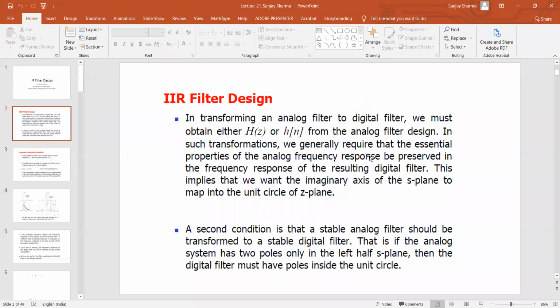In such a transformation, we generally require the essential properties of the analog frequency response to be preserved in the frequency response of the resulting digital filter. That is quite obvious. This implies that we want the imaginary axis of the S-plane to map into the unit circle of the Z-plane. A second condition is that a stable analog filter should be transformed to a stable digital filter. That is also a requirement of designing IIR digital filters.